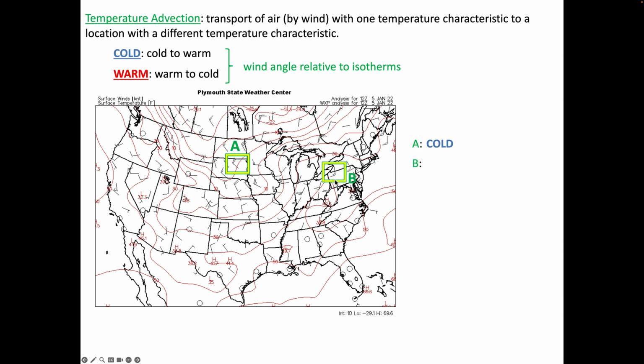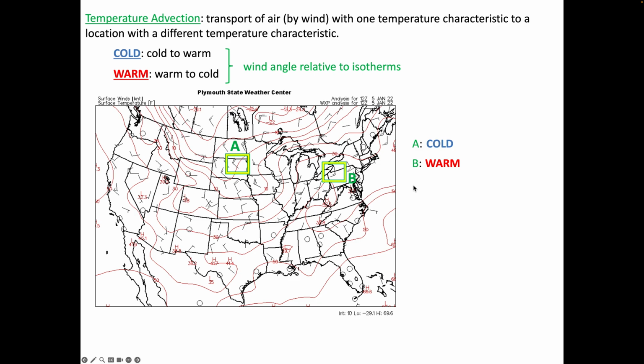So what you see at location B is that the wind is transporting air. This is a south wind now, it's blowing from south to north. The wind is transporting air with warmer temperatures to a location where the temperatures are colder. So at location B, we have warm advection. Not surprisingly, northwest wind cold advection, south wind warm advection.